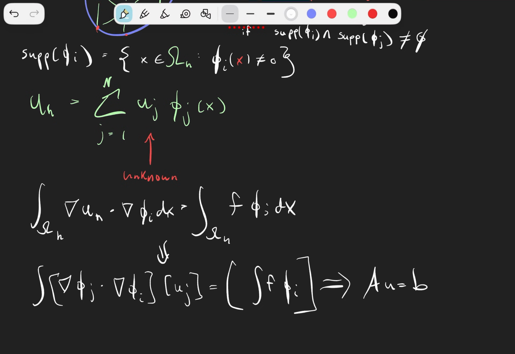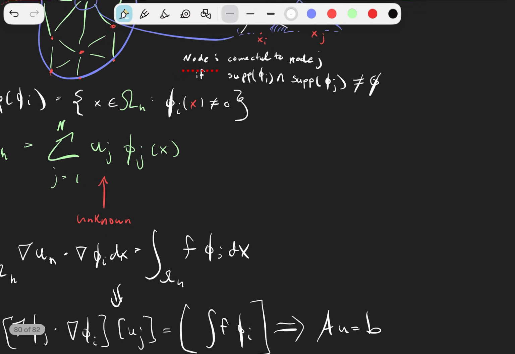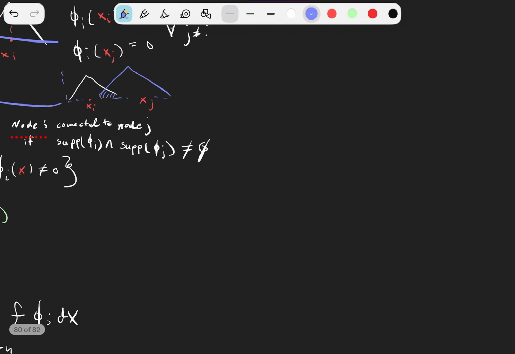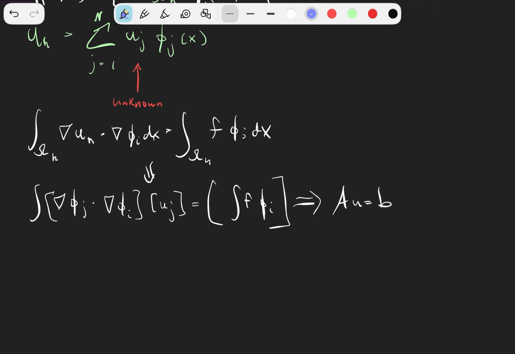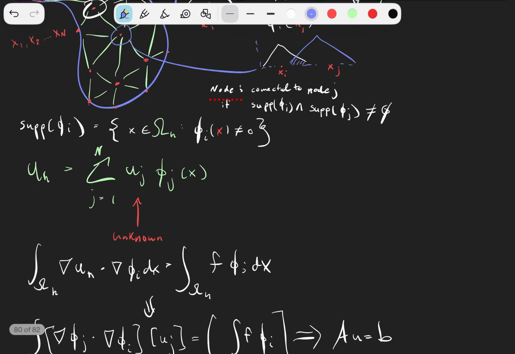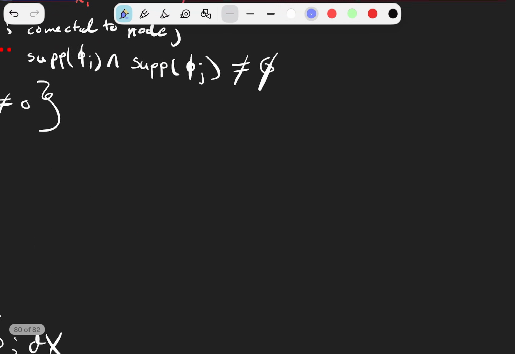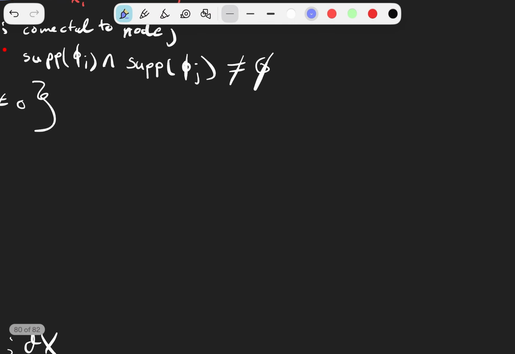Now I'm getting a little bit ahead of myself, but why we can do this is because, this is kind of not very elegant notation at all, especially since we have things with linear properties. We can make the notation much easier. But let's say we have some V_h, right?